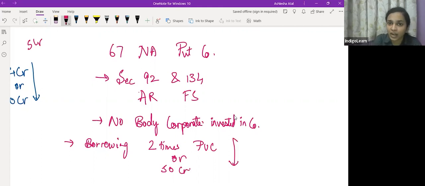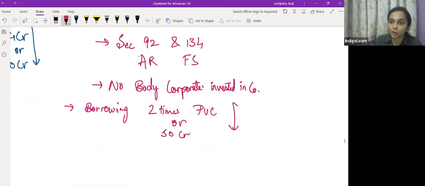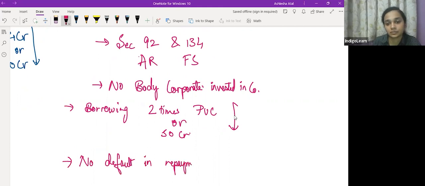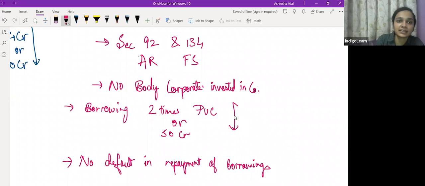So we'll have to identify the lower limit and then see borrowing उसके limit में है या नहीं है. And the last condition to be complied with is that there's no default in repayment of borrowings. If all these conditions are complied with, then Section 67 will not be applicable to that private company.